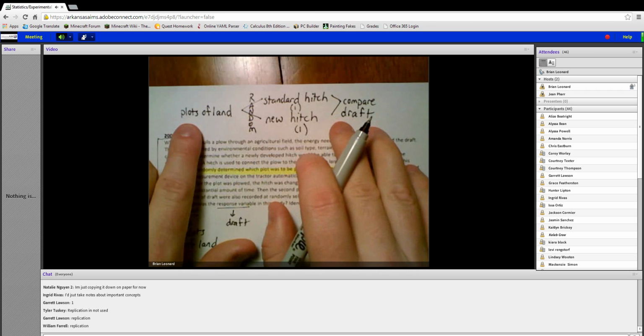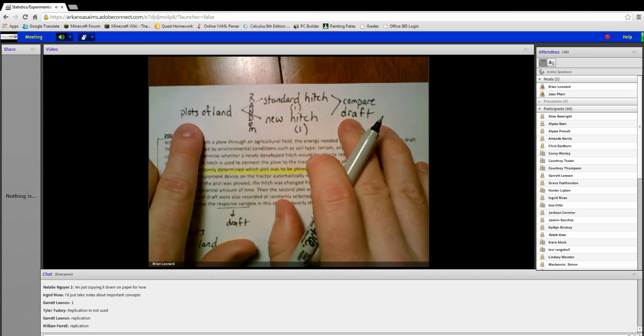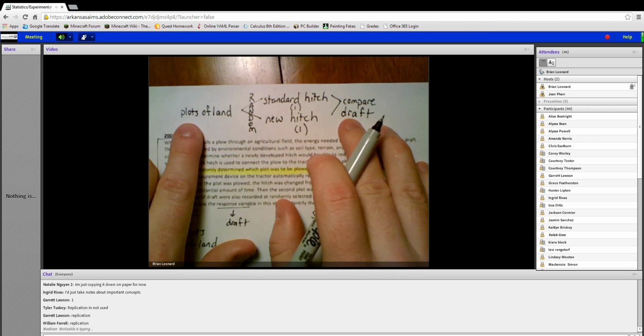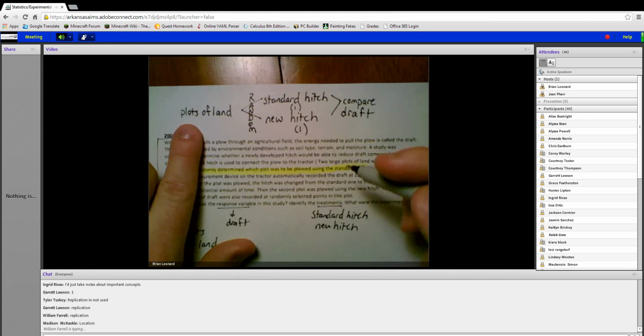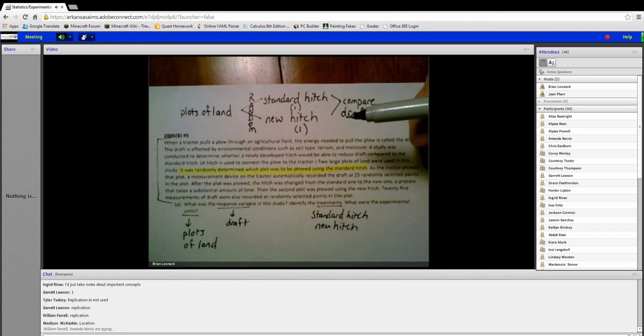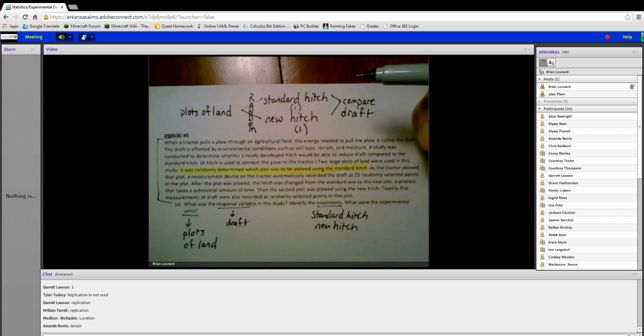Why is plot of land confounding? Ooh, Madison, I like location. Terrain, I like terrain. Any other thoughts?